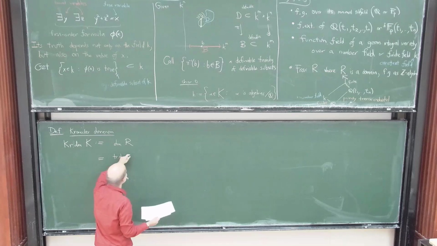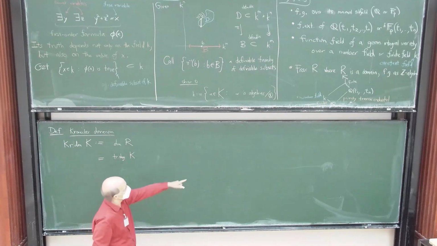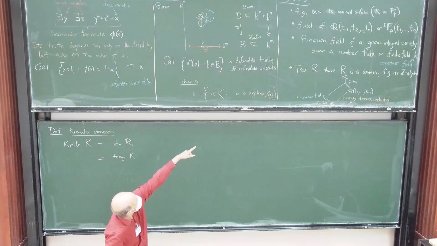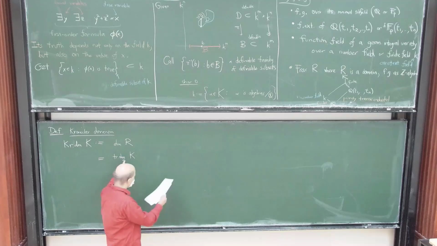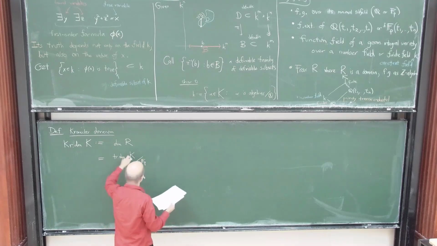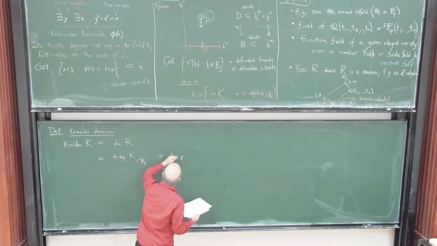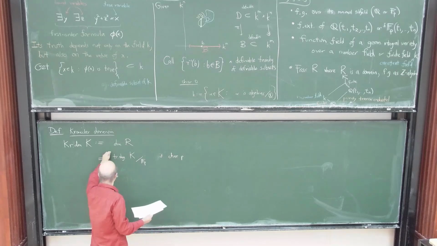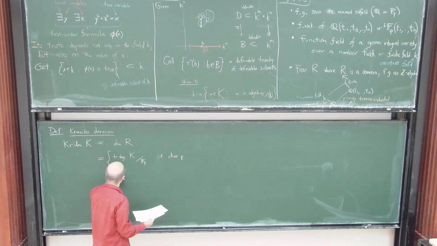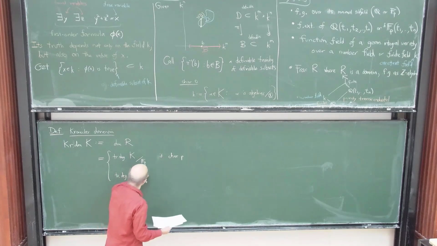The transcendence degree is the number of algebraically independent elements. So in the second bullet item there, it's the number n. In characteristic p, you take this transcendence degree. But if it's characteristic 0, then you take the transcendence degree over Q, you take the n, but you add 1.